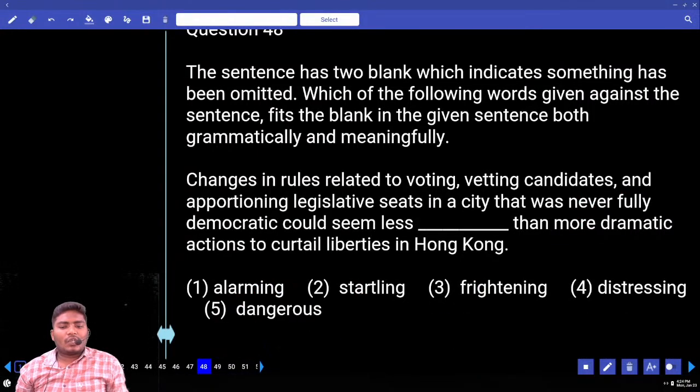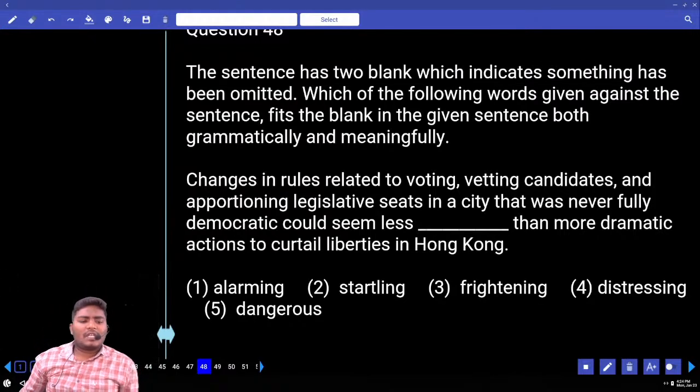Changes in rules related to voting, vetting candidates and apportioning legislative seats in the city that was never fully democratic could seem less dash than more dramatic actions to curtail liberties in Hong Kong. Can you tell me the subject and verb agreement here? What is the subject of the sentence? What is the verb of the sentence?